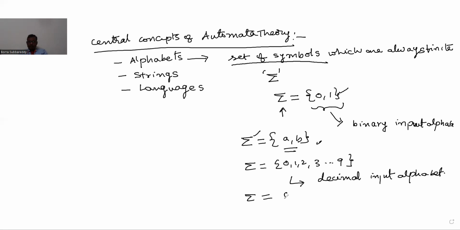Another example is a natural language, sigma equal to A to Z in English. If you want to design a language, we need an alphabet. That means we need input. An alphabet is nothing but some input, represented using a set, and that set is of finite length.